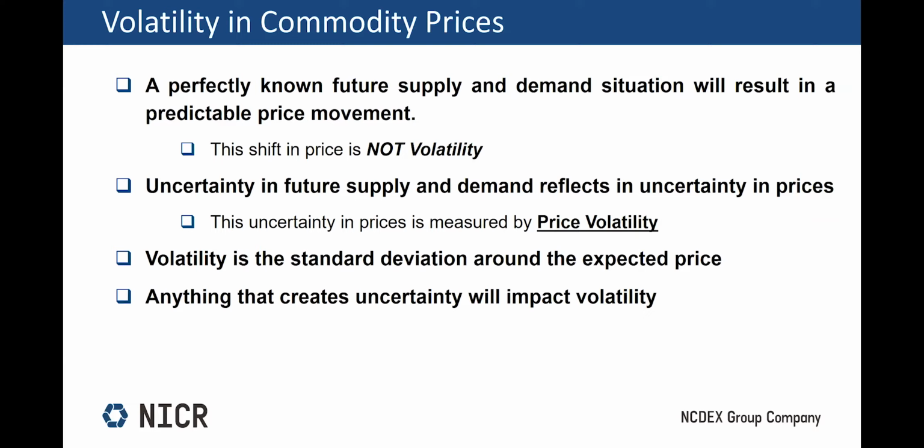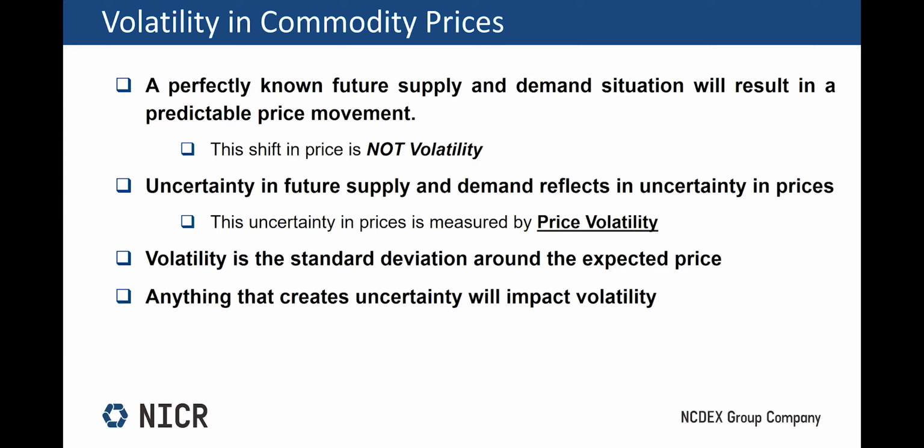So if the demand supply mismatch is there and there is a unidirectional price movement, that we do not consider as volatility. The volatility is the uncertainty in the future supply and demand, which gets reflected in the price either up or down.